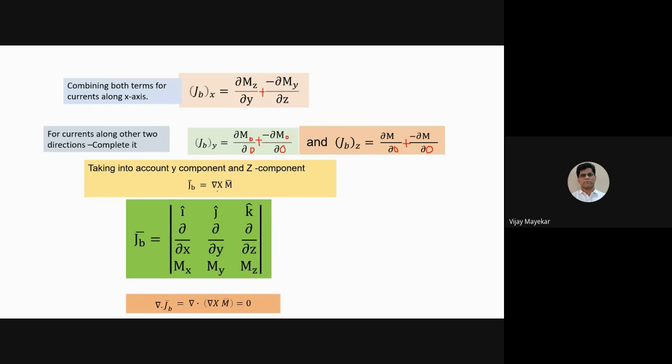So considering all three components of M bar, MX, MY, MZ, and when we put it in this particular fashion, that gives us the answer for JB bar. In fact, we know that JB bar is present there, and that is why we are getting M bar, magnetization. So magnetization is by virtue of the presence of JB bar. So all these three components are there.